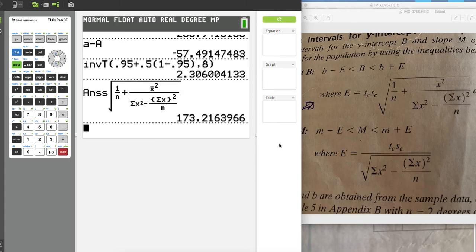All right. Now, again, this is being added to and subtracted from our slope that we calculated. So the slope, or excuse me, this is the calculator one. This one here. So we're subtracting from the slope and we're adding.